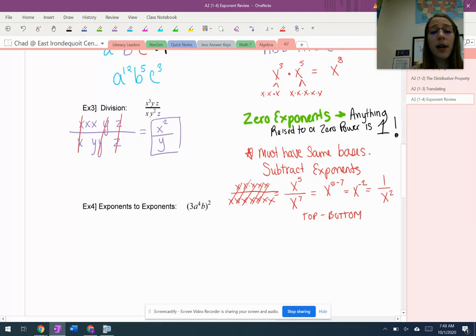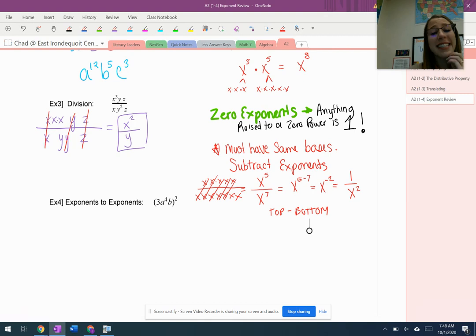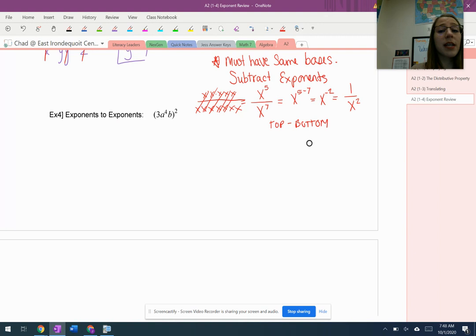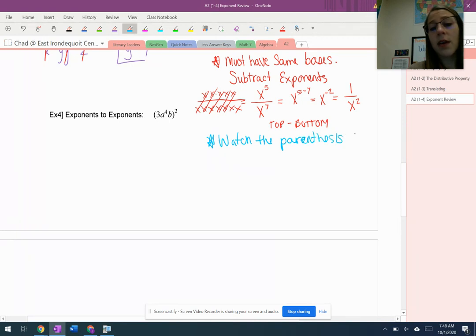Not too bad. And then the last example we're looking at here talks about when you have exponents raised to exponents. The bases don't need to be the same for this. You just need to pay attention to where the parentheses are. So I'm going to watch the parentheses.